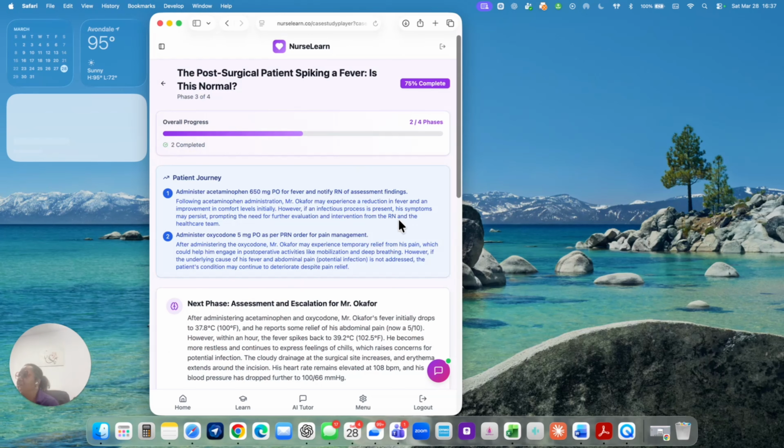Given the patient's sustained fever, elevated white blood count, and worsened abdominal symptoms despite symptomatic treatment, the LPN must recognize the potential for postoperative infection, such as an abscess or surgical site infection. It is critical to escalate the situation to the RN with updated findings, including any observed changes in vital signs, patient comfort, and increased wound drainage.